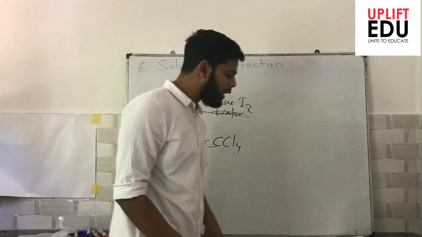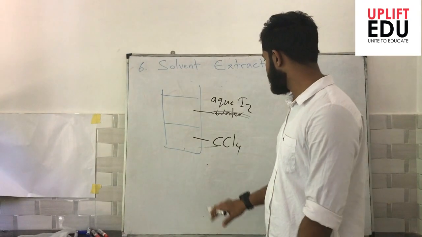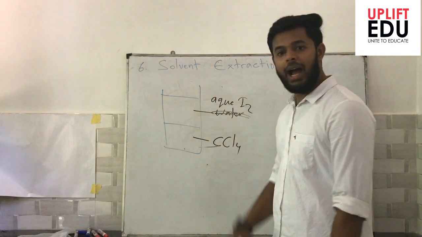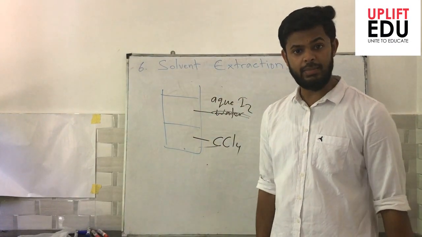Carbon tetrachloride is a non-polar substance and iodine too is a non-polar substance, and water is a very good polar substance.